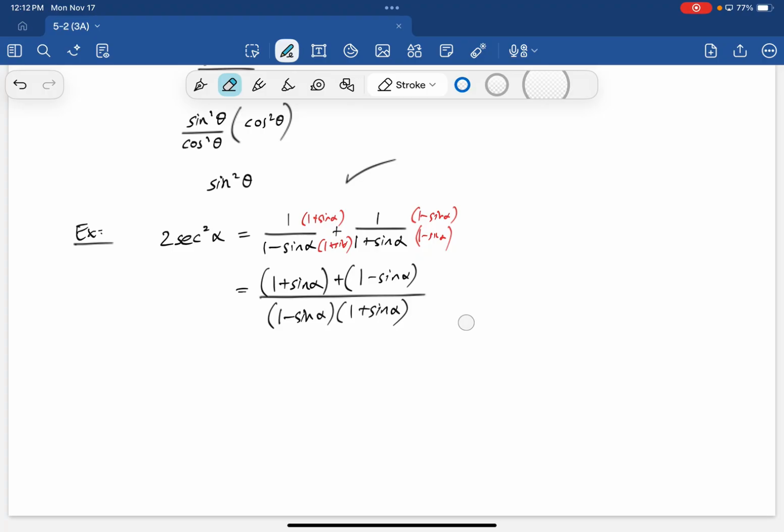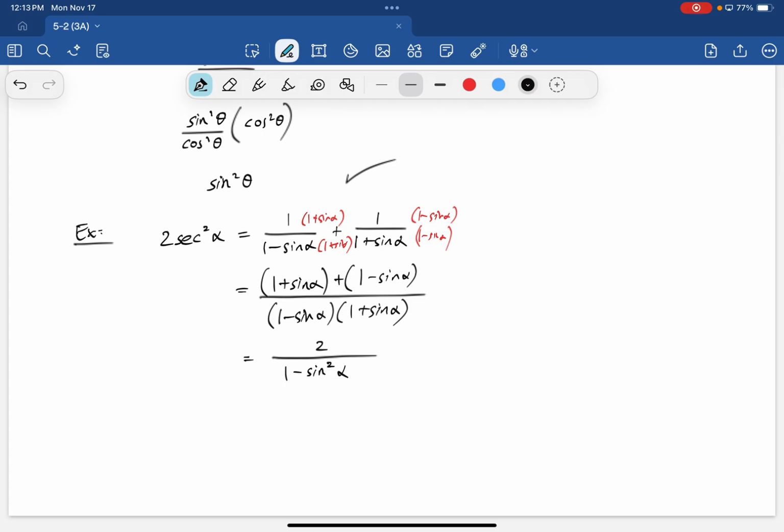Okay, questions about that? We just turned it into one fraction. Well, the top simplifies. The sine and the minus sine cancel out, and so we're just left with 2. But then the bottom, if we expand that, that's just a difference of squares, right? A minus b times a plus b. So this is going to turn into 1 minus sine squared alpha.